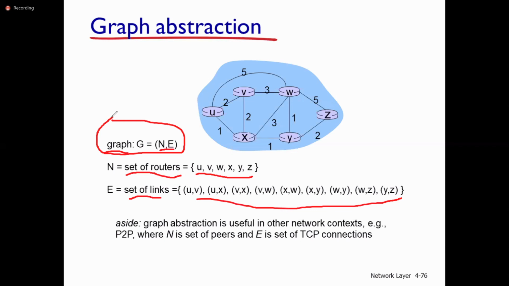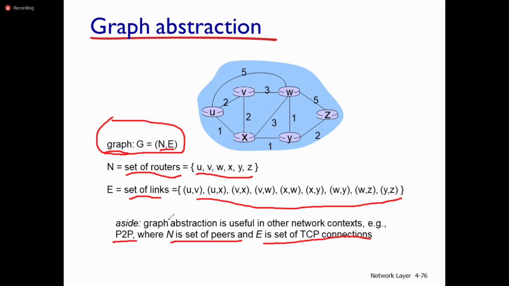So the graph is expressed in terms of N and E, where N is the set of routers and E is the set of links. This graphical representation of a network we are going to use in our routing algorithms. This abstraction is useful in other network contexts also, like P2P networks, where N is the set of peers and E is the set of TCP connections.